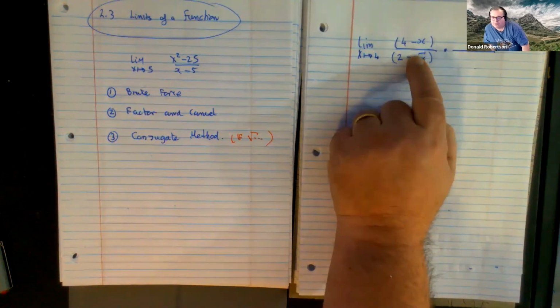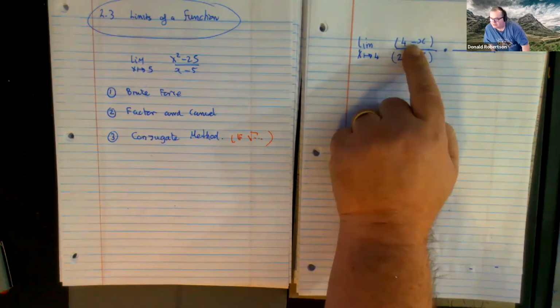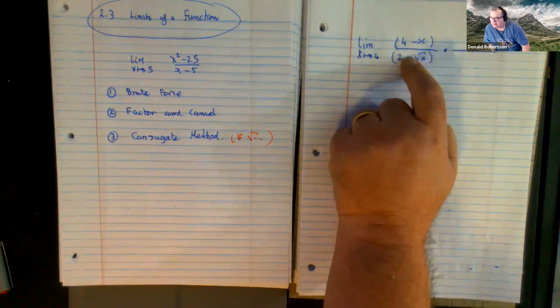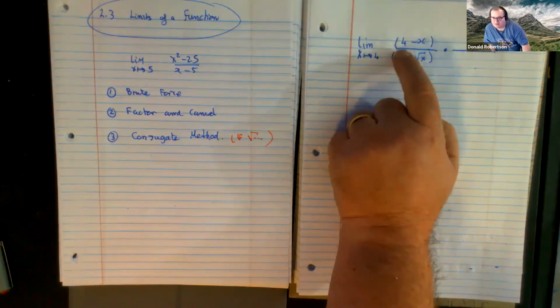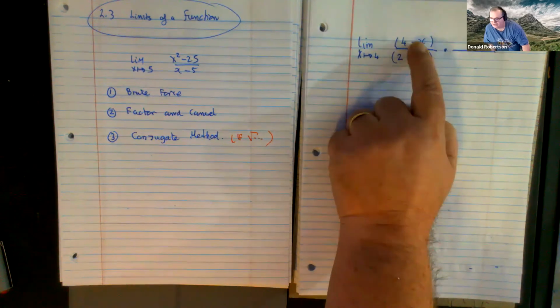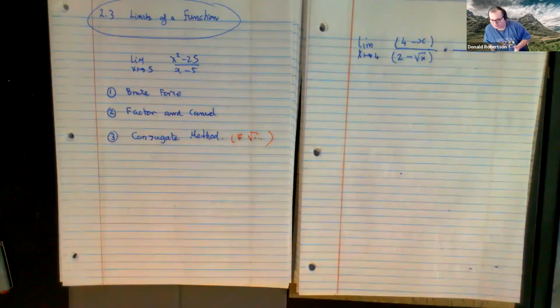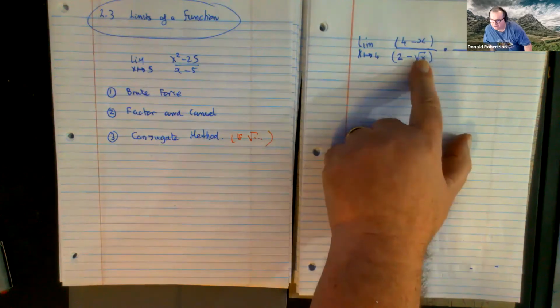There's no way in the world I'm actually going to factor that. Would you agree? It just doesn't factor. And trust me, if you plug in 4, you get 0 over 0. So if it isn't the first two methods, it has to be the conjugate method because there's nothing left. But I prefer you to see it if you see a square root.